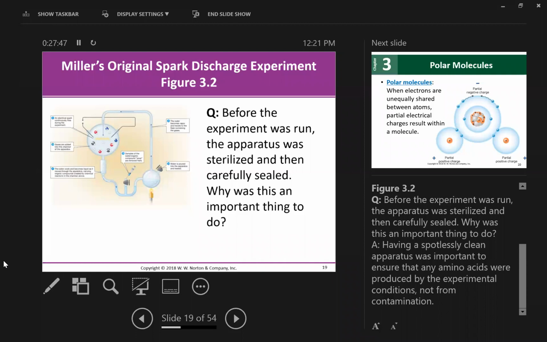So what he's really trying to make sure is that the only reactants going into this experiment are added through the experiment, not from any pre-existing stuff living within that glass apparatus.